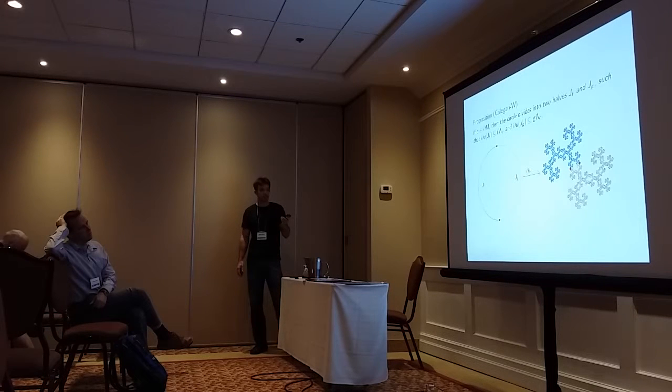So there's this proposition that you need to get going, which is that if you're on the boundary, and you do need to be on the boundary for this, then you can divide the circle up into two halves, where there's a half corresponding to f, meaning that under this uniformization map, it maps to the boundary of f lambda, and then there's another half which maps to the boundary of g lambda.